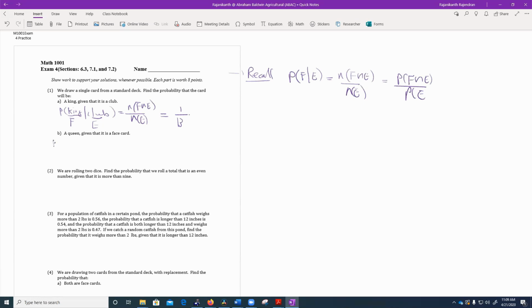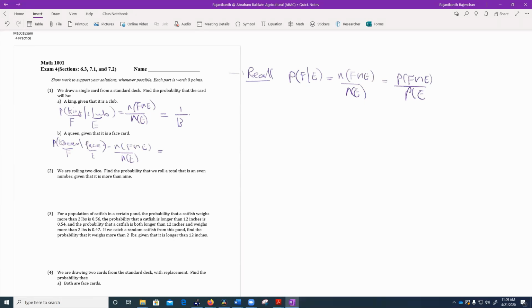The next one is finding the probability of a queen given that it is a face card. So now this is my event F and this is my event E, again using the same formula. The number of outcomes from F intersection E: you are choosing a card that is a queen and a face card.